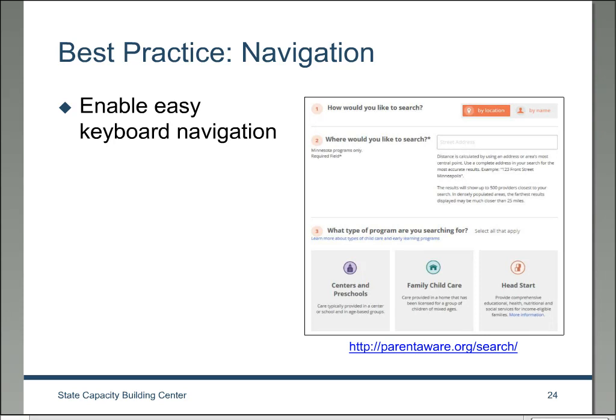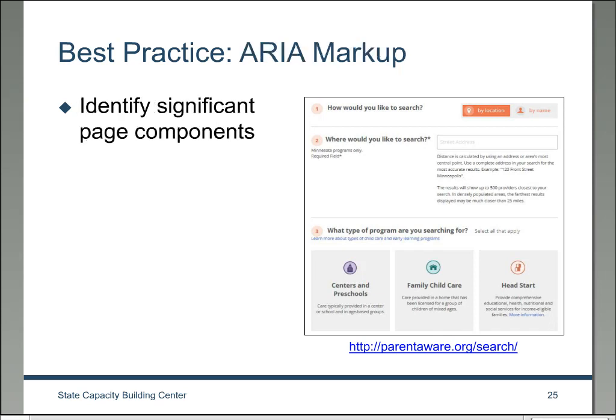Provide meaningful link text, avoid generic click here types of links, and help users understand where they are in the website by providing maybe a different color or a bigger format on the website tab that they are on at the moment.